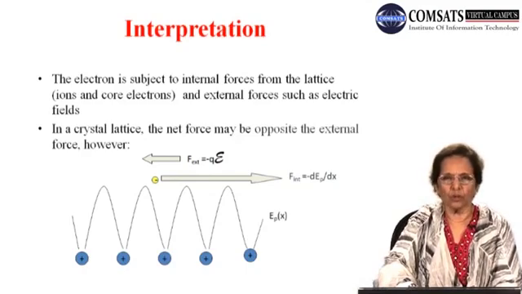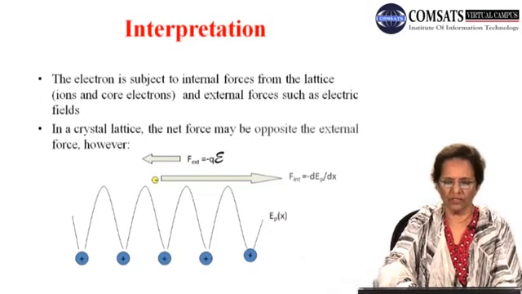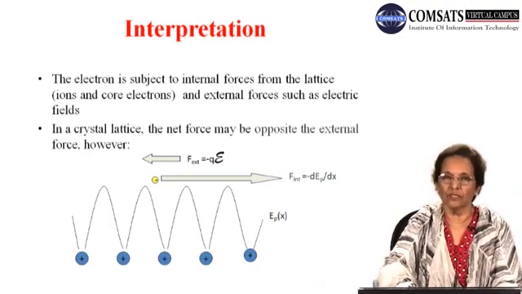So the top bullet says the electron is subject to internal forces from the lattice, which is ions and core electrons, and external forces such as electric fields. I just explained this. The electron has to undergo acceleration because it sees a force due to an applied electric field. It also sees forces due to positively ionized donor atoms and negatively ionized acceptor atoms, and so on and so forth.